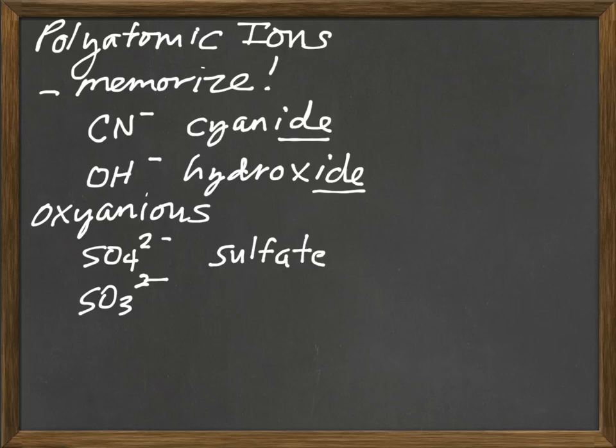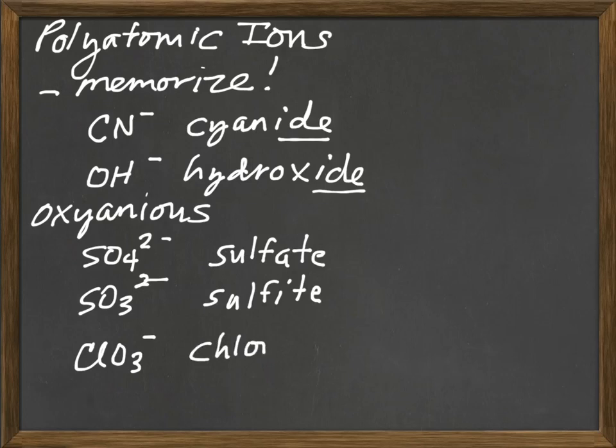And SO3 2- is the light version. It's got one less oxygen, and it is sulfite. And then we have things like ClO3- is chlorate. Oops, I spelled it wrong. Chlorate.